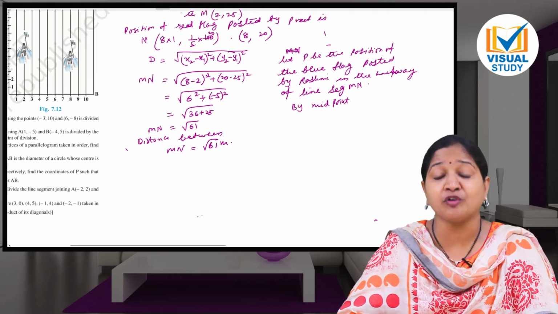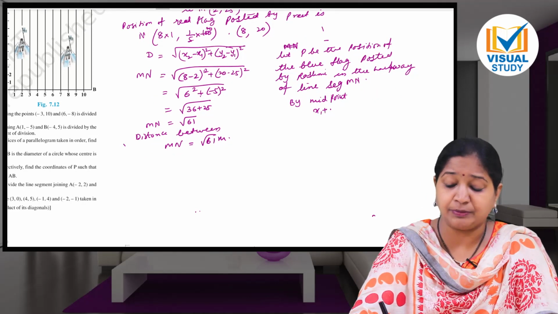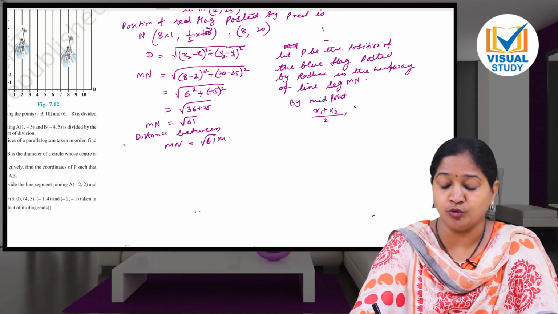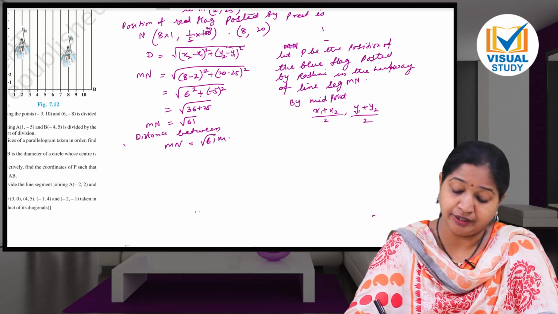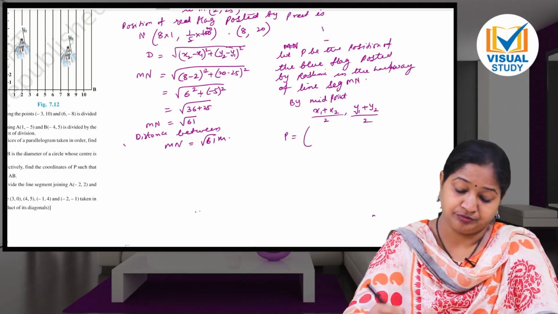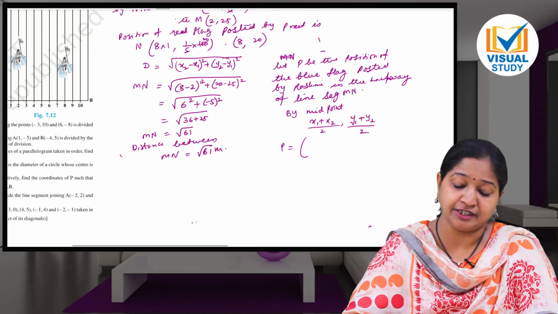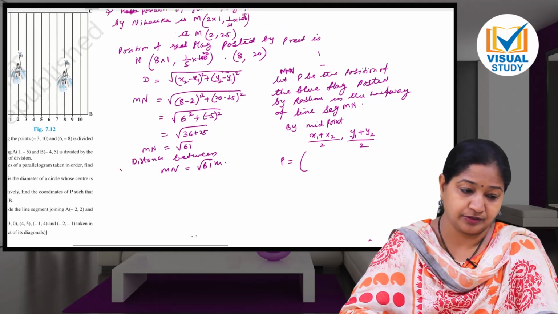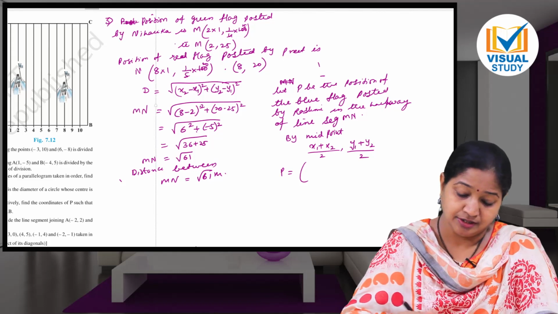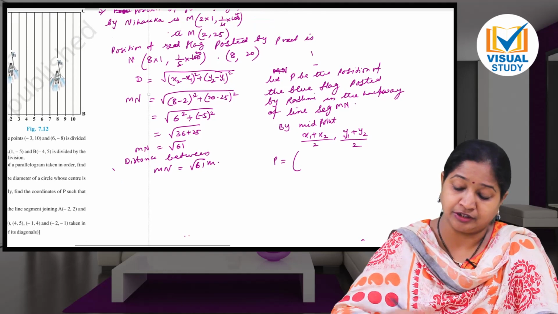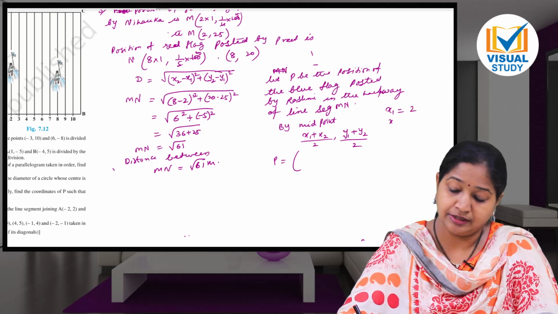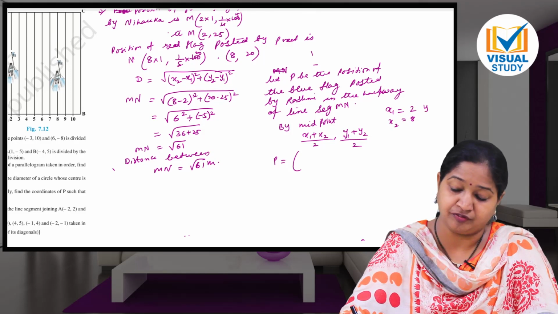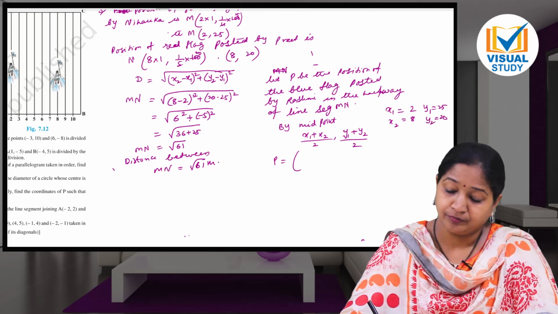And what is our midpoint formula? It is very easy: (x1 plus x2) upon 2 and (y1 plus y2) upon 2. And what do you get? Here, x1 is equal to 2, x2 is equal to 8, and y1 is equal to 25, and y2 is equal to 20.